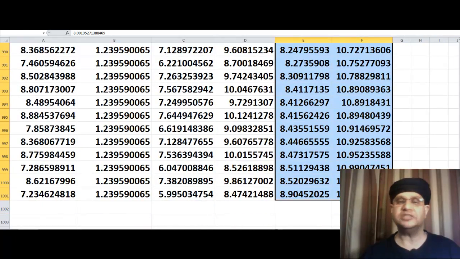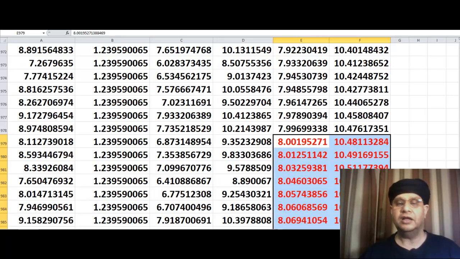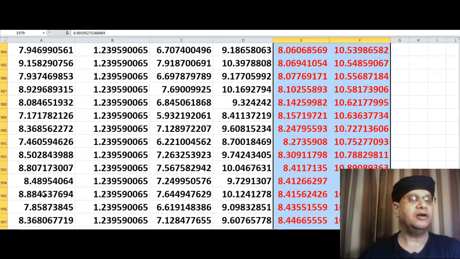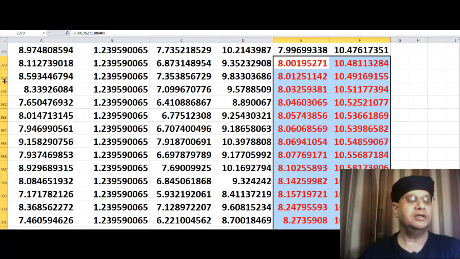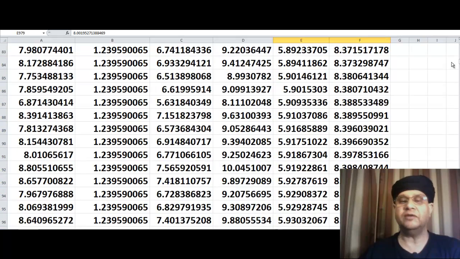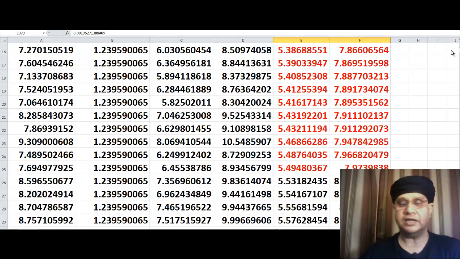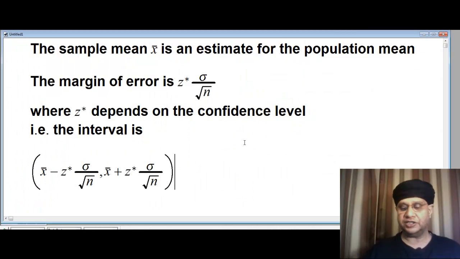So how many missed on this side? Notice we are starting at 979 and going through 1001. So how many on this side? 21, then 23 on this side if I added it correctly. And 24 had missed on the other side, remember? Let's look at that again. Yes, 24 of them had missed on the other side.